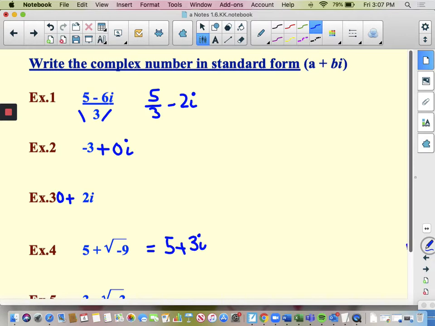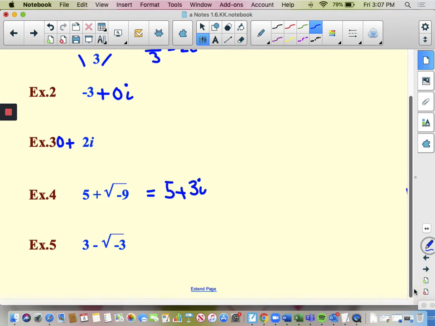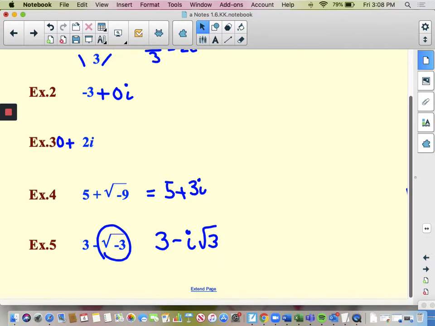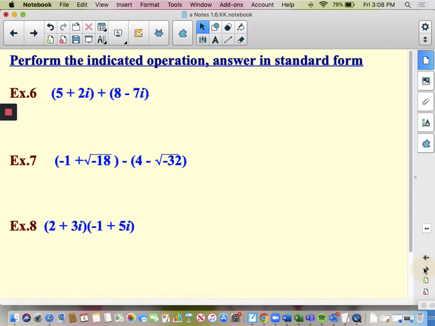Same thing if it's not a perfect square: the square root of -3, you can't square root 3, so you bring the i out front and you keep the radical of 3. Any negative inside a radical is imaginary, and you never, ever, ever leave a square root with a negative number in it. That's improper. So those are all standard form, real, imaginary.